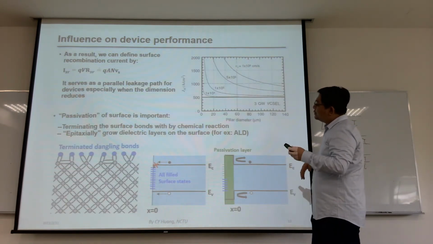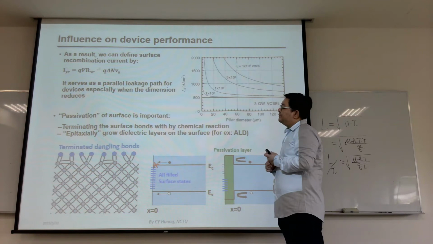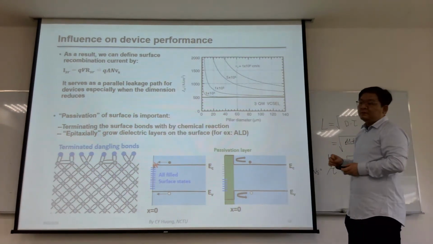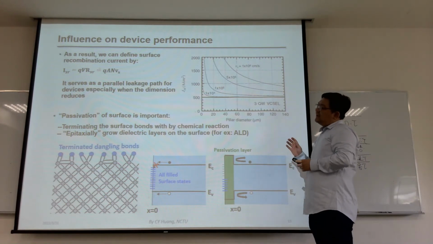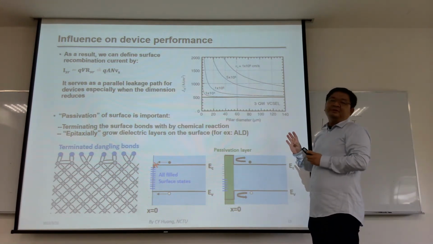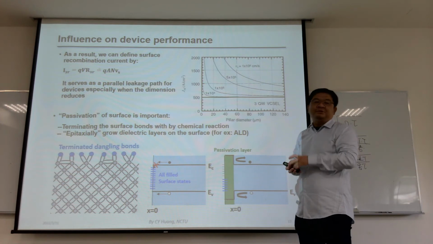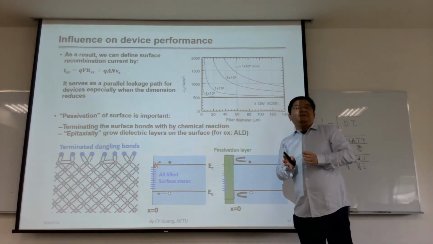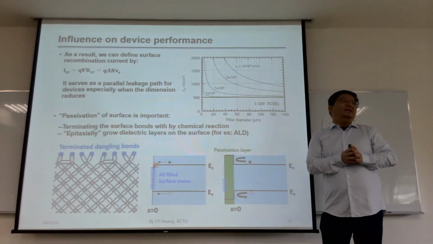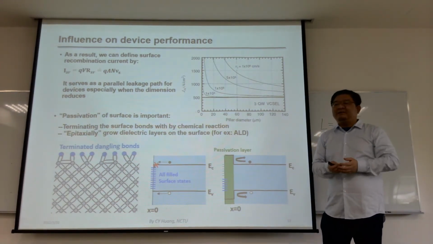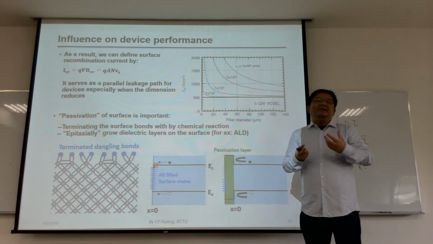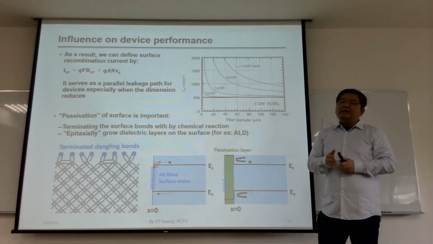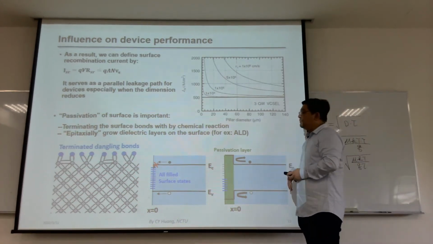So how might surface recombination be improved? Usually you don't have many measures. The most direct measure is to eliminate the surface, but that will probably be in dilemma with the original design. For example, if you want to make a small device, the surface to volume ratio will definitely be high.